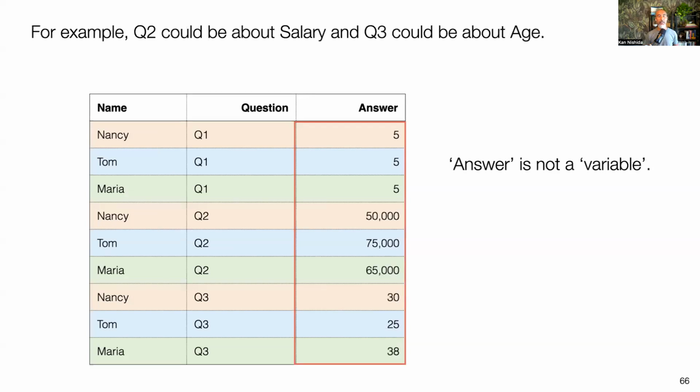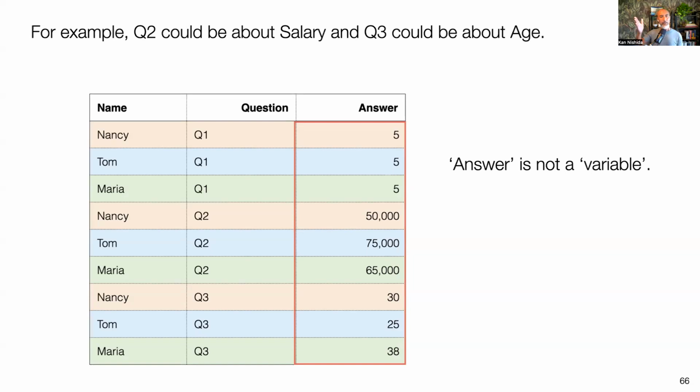However, just imagine if Q2 happened to be about salary, and Q3 about age. All of a sudden the answer column numbers can be very different. Q1 is a 1 to 5 scale, Q2 can be 50,000 or 65,000, and Q3 can be 25 or 35, and so on.